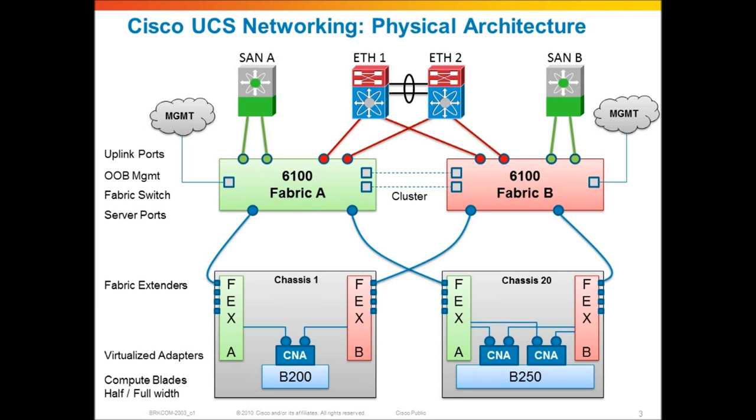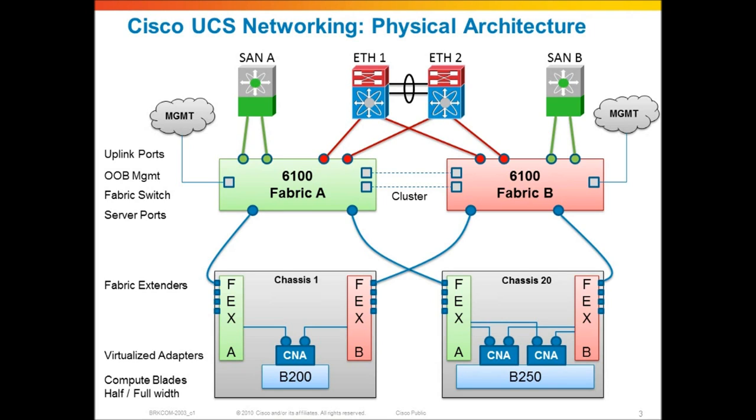This is a wire rate 10 gig switch which provides 10 gig connectivity for all of the chassis housing all of the servers. And it also provides 10 gig connectivity or 1 gig connectivity to the upstream data center LAN, as well as fiber channel connectivity to 8 or 4 gig fiber channel to your fiber channel SAN.